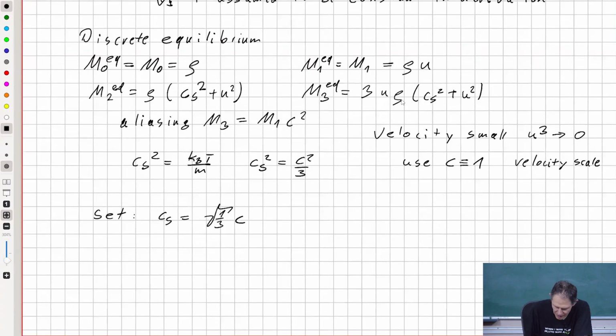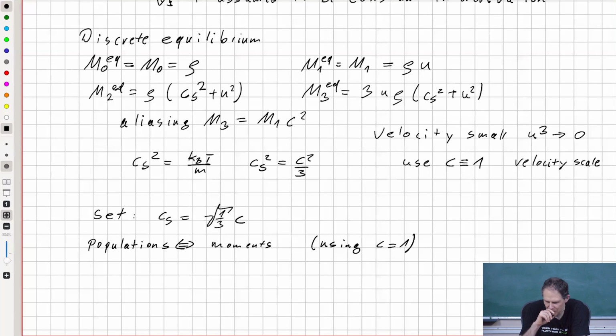Okay, now when we did this, we want to transfer populations into moments. From here on, we are using c equal to 1, so that makes our life a little bit simpler.